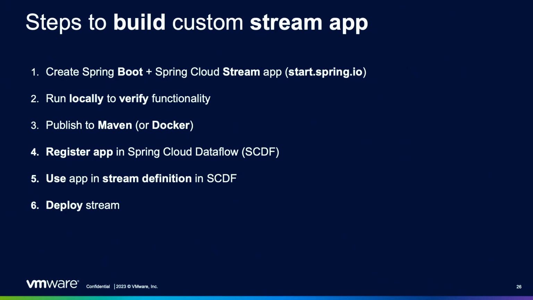We're going to do Maven today just because it's local and easy. If you're running on Kubernetes, it'll be Docker, of course. After we have the artifact and some coordinates, we tell Data Flow, I have a source, a sink, or a processor, it's located here, and here's its name. From that point on, when the UI comes up, Data Flow says, here, you can use this. Then we create a stream definition and deploy it.